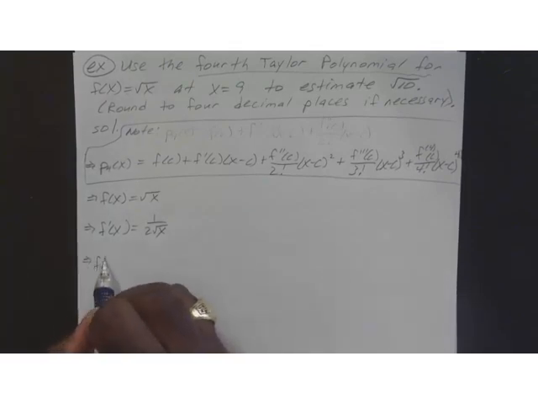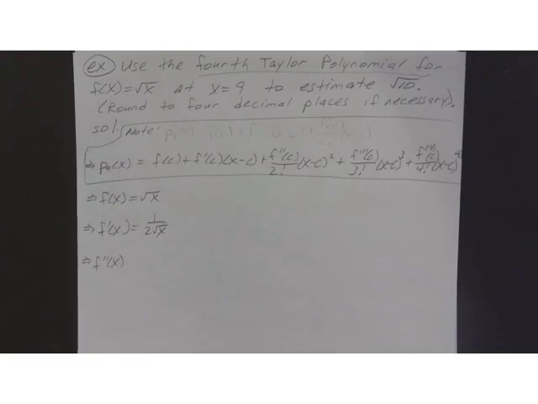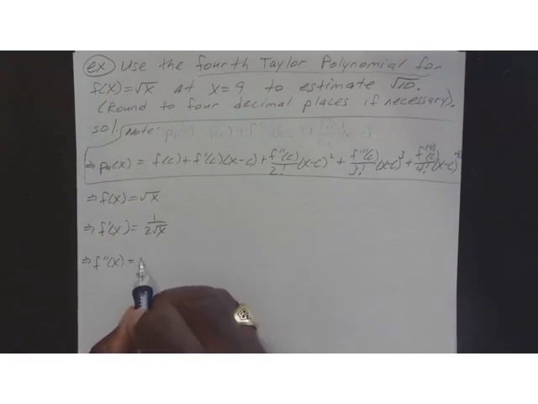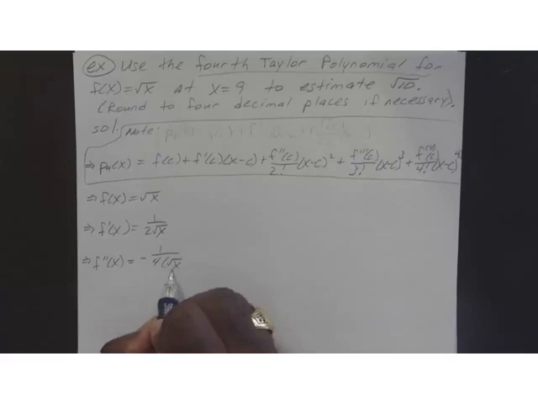Now our second derivative, we rewrite that as 1/2 times x to the negative 1/2 power, then that will equal negative 1/4 times the square root of x to the third power.